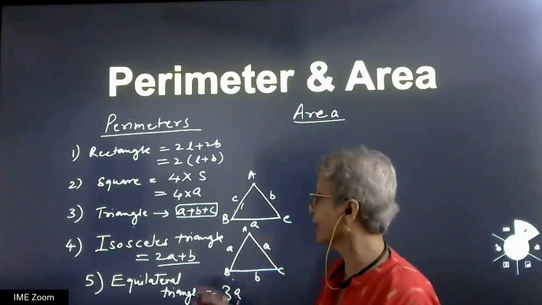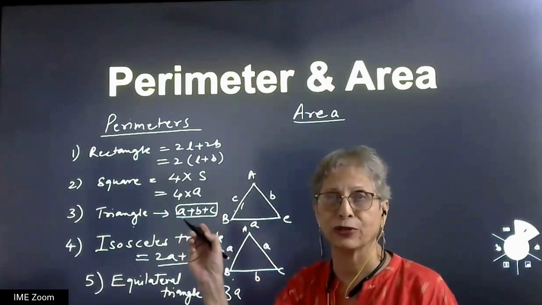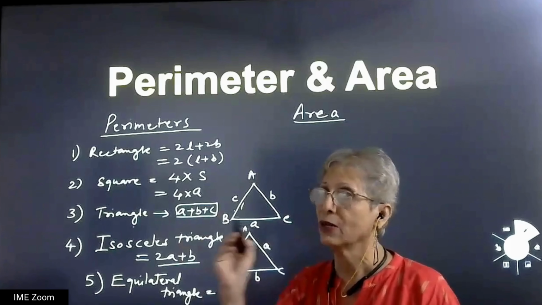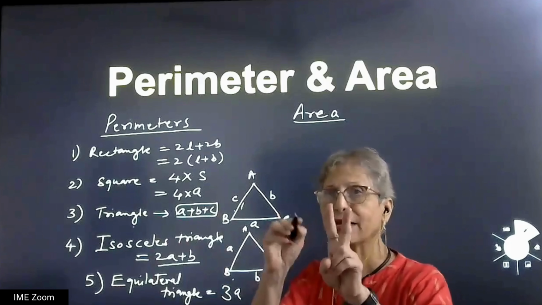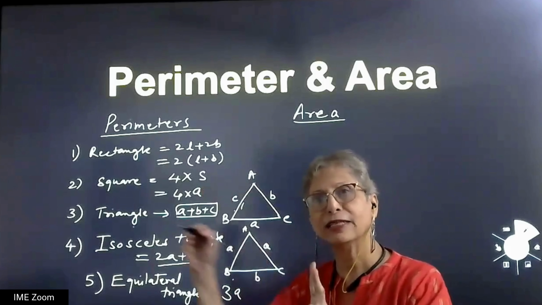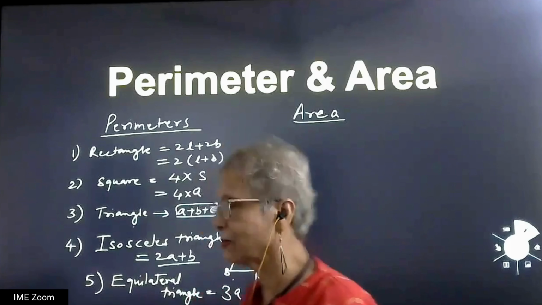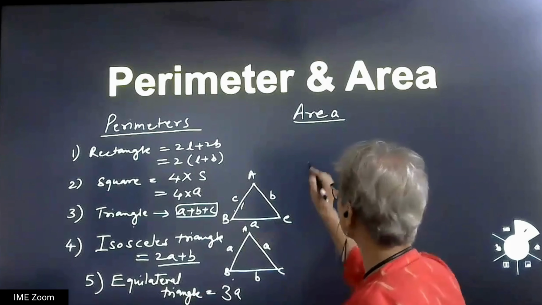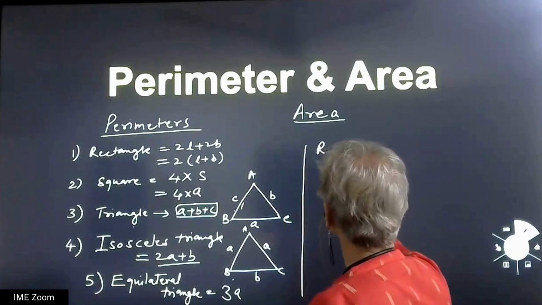Whatever is given. If all sides are equal, it is called a regular polygon, regular decagon, regular octagon, like that. So octagon means 8 into side, decagon 10 into side, hexagon 6 into side. That's all. This is regarding perimeter. And in area we have only 2, that is rectangle.